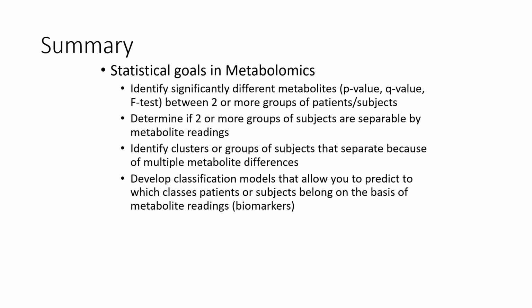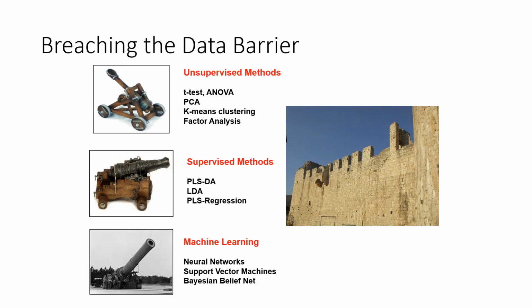So these are the typical goals of statistics in metabolomics, and I've tried to highlight the approaches for each of them over the last 130 slides or so. Now, when you are thinking about statistical analysis, you might think about it in terms of trying to clear a fortress or a set of walls and how to break down this complex set of data and get to your goal.